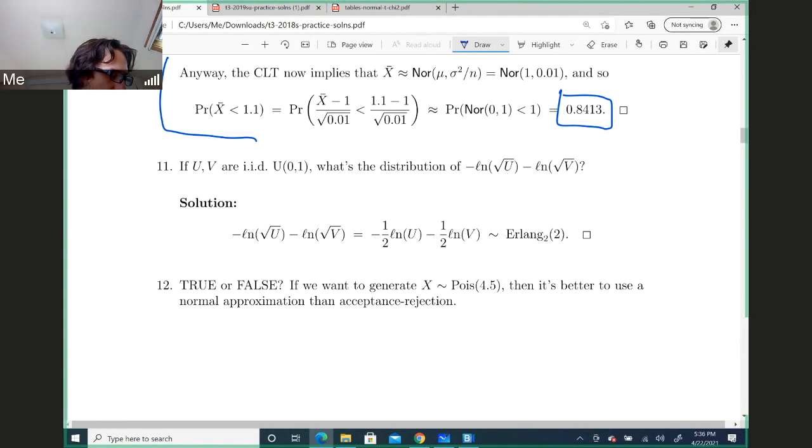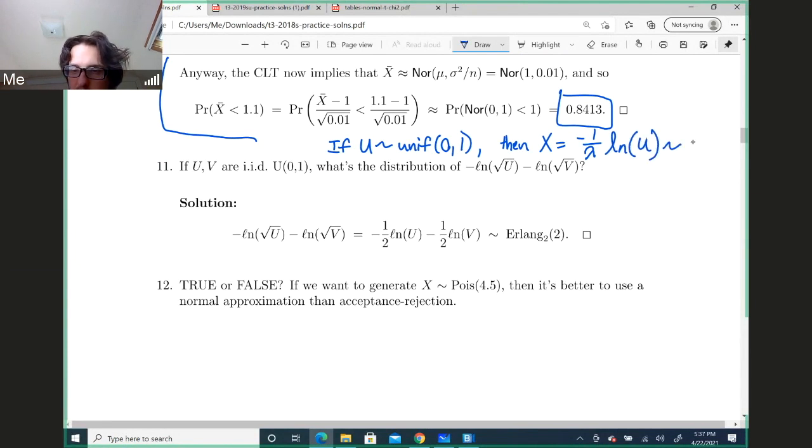Because, of course, you know the old rule that if U is distributed as a uniform 0, 1, then X equals minus 1 over lambda times natural log of U is distributed as an exponential with parameter lambda.